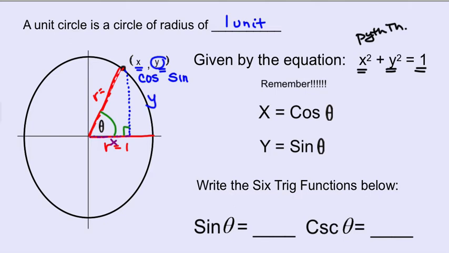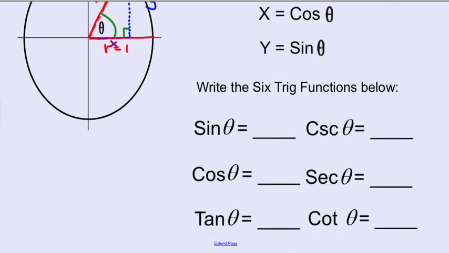To find the 6 trig functions, the sine of theta is your y from the unit circle. Your cosine of theta is your x, and then your tangent of theta is y over x. To find the cosecant, secant, and cotangent, you just reciprocate.